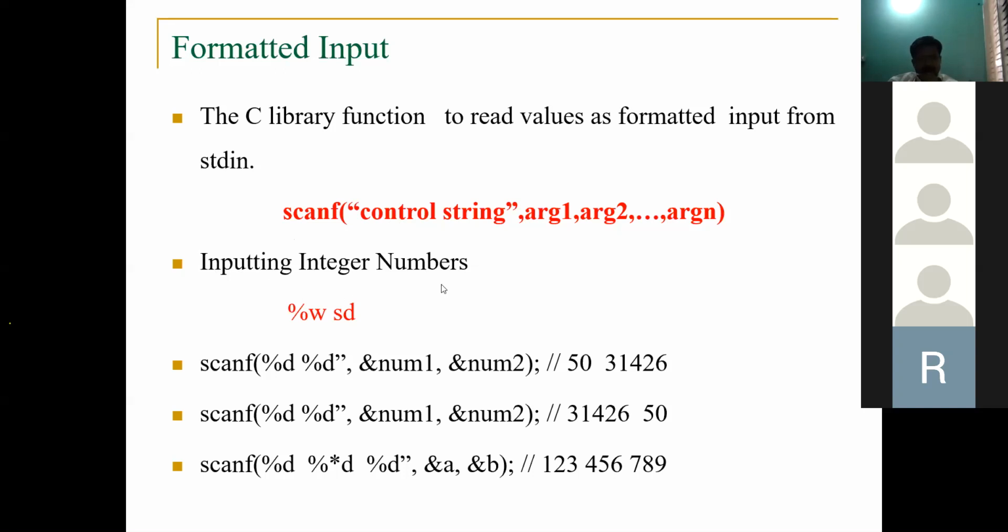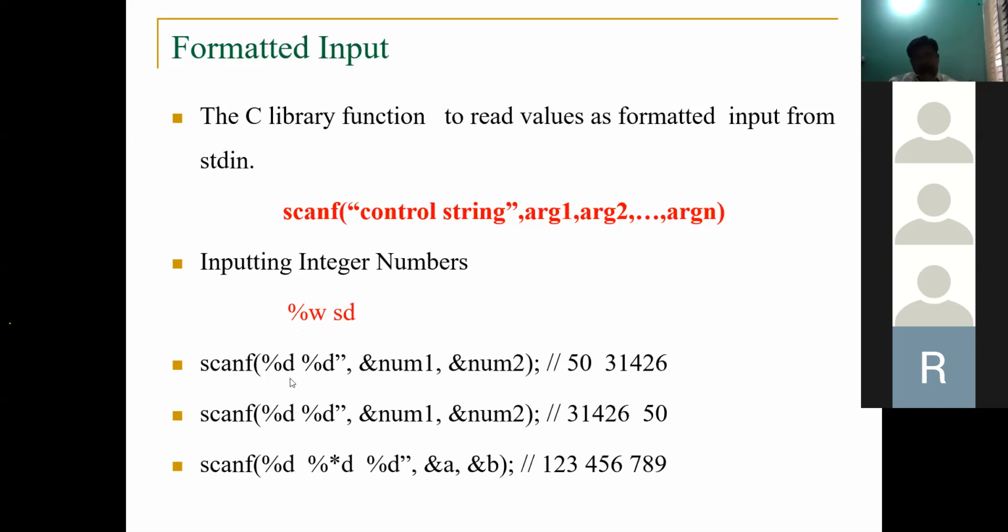So the control string basically contains the percentage symbol. Now W represents the width, and S and D represent the control, the format specifier. Some of the examples that I've given here, I have three scanf statements.